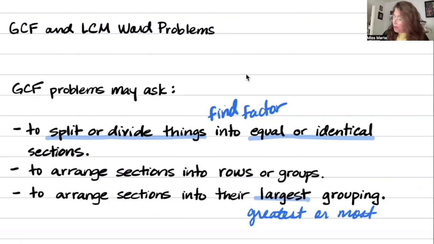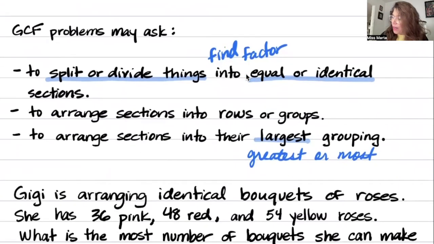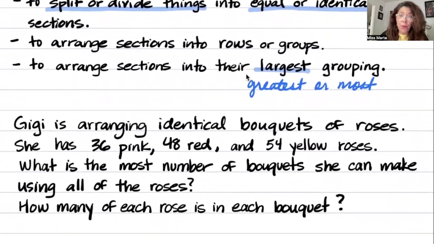Right here where they talk about rows or groups, that's in reference to these equal or identical sections, but I find it's very popular to have word problems asking for things to be arranged into rows or groups. Okay, let's look at our first word problem.